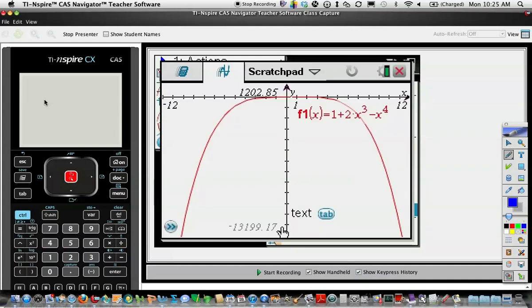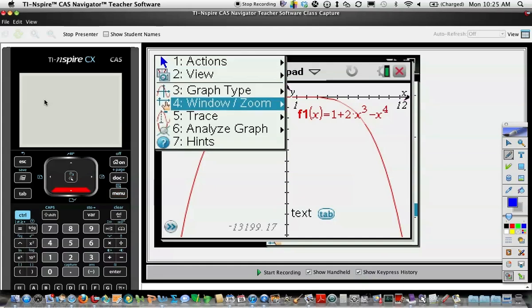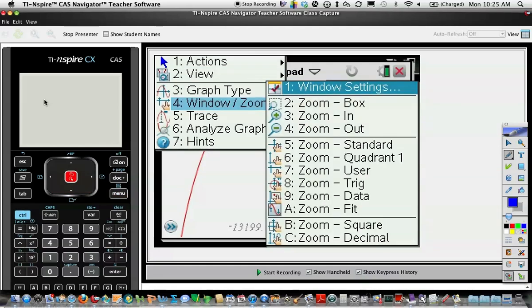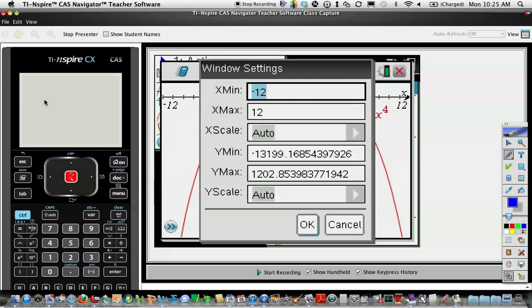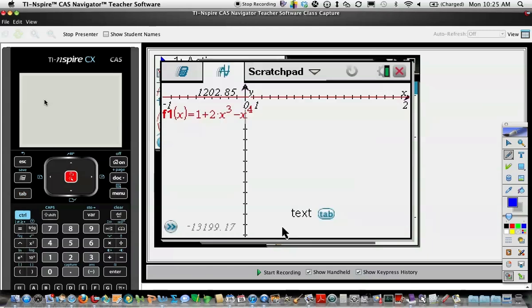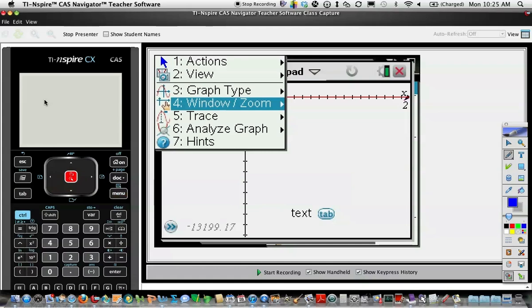Let's go back to the menu. I skipped one important step there. Go to Windows Settings. Set your Xmin to -1 because we're given the domain, right? Set your Xmax to 2. Okay, now hit OK or Enter. Now go back to Windows Zoom and Zoom Fit.